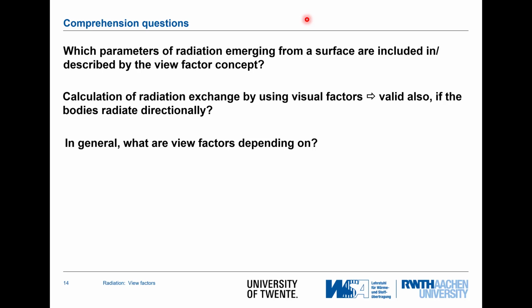And the question is, what if these bodies radiate directionally? We just looked at it in a diffuse manner, so direction did not play a role. So give it a thought, what happens if it's directional? And the next point would be, on what parameters are the view factors depending?